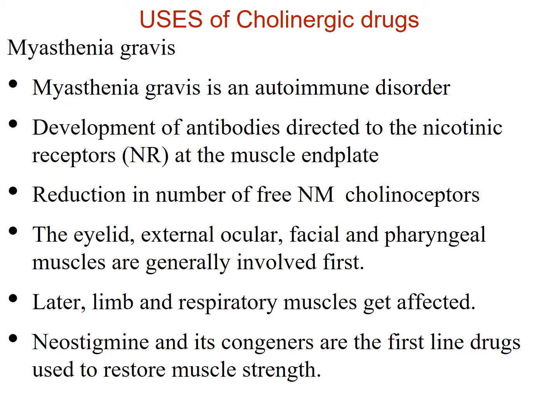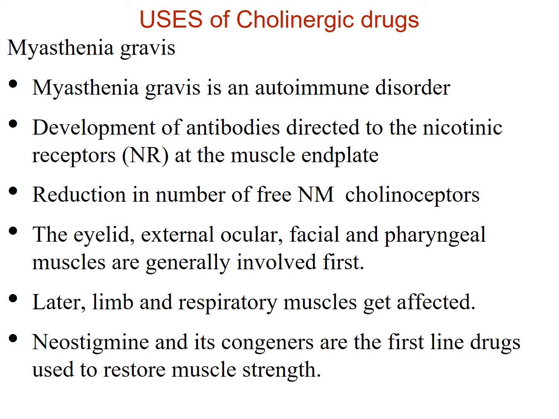The receptors are occupied by the antibodies, and there is also destruction of the nicotinic receptors. So the available free nicotinic receptors are fewer, leading to weakness of muscle. Firstly, the eyelid, extraocular, facial and pharyngeal muscles are involved. Later, the limb and respiratory muscles get affected.